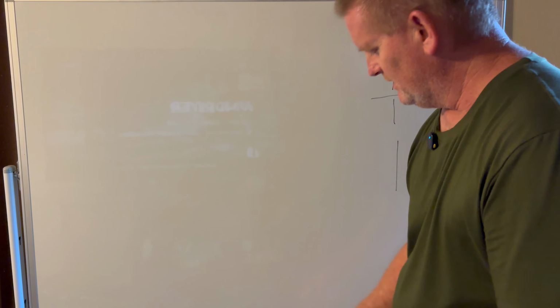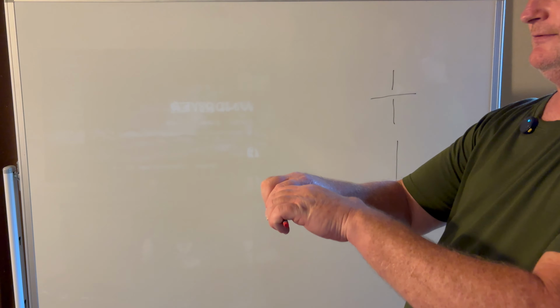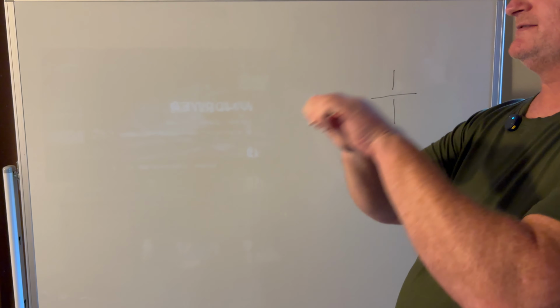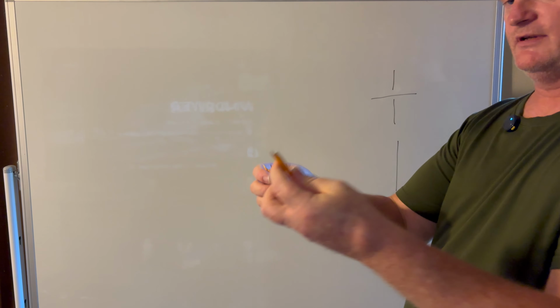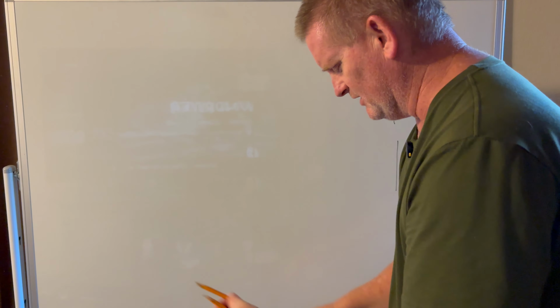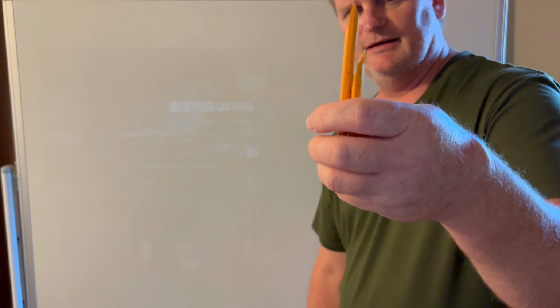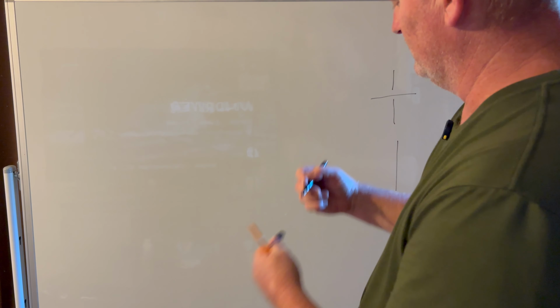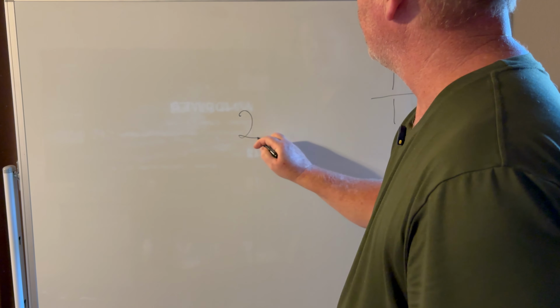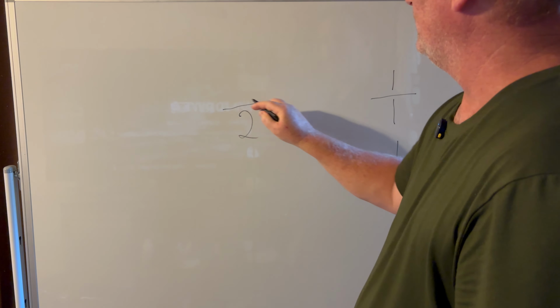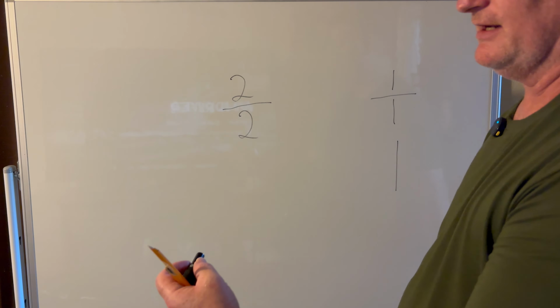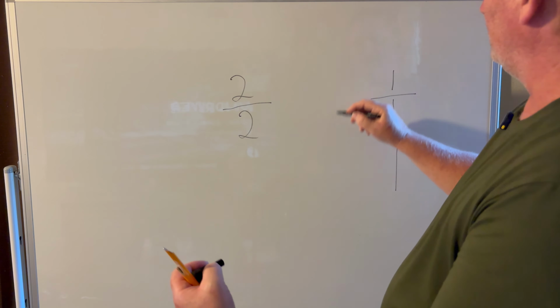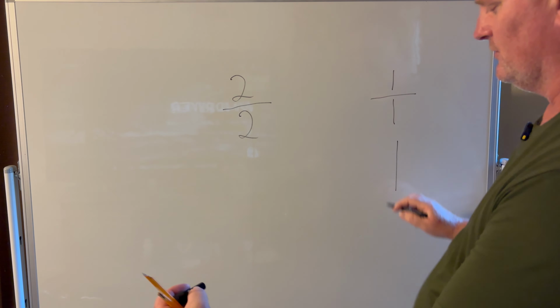So let's say I break this pencil in half. Let's say I go like this and snap it in half. Well, it's not exactly in half, but it'll work for the demonstration. Now I have two pieces of this pencil, and I have both pieces in my hand. So I have the whole pencil.